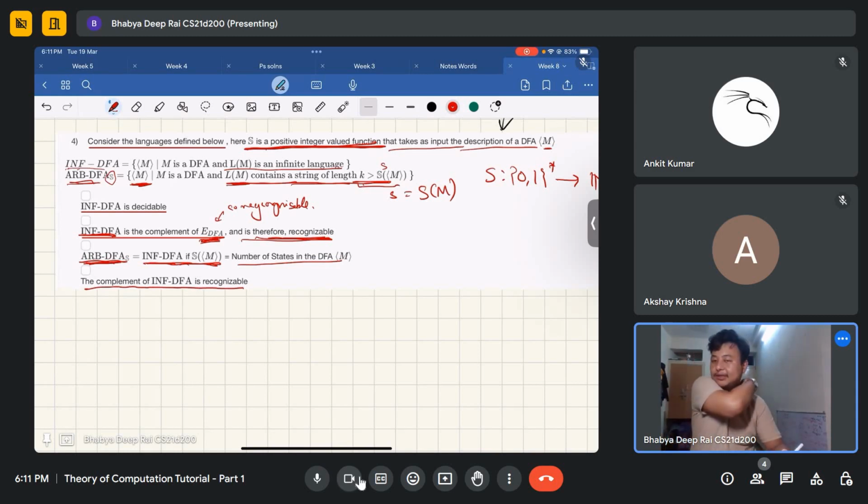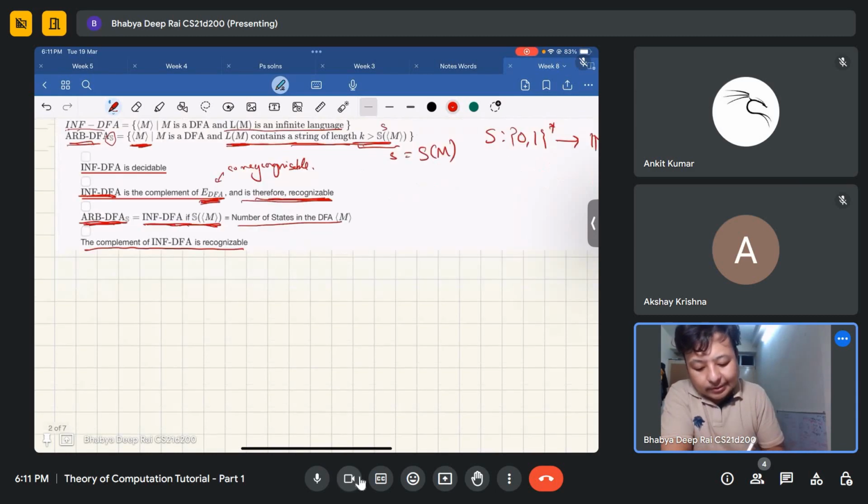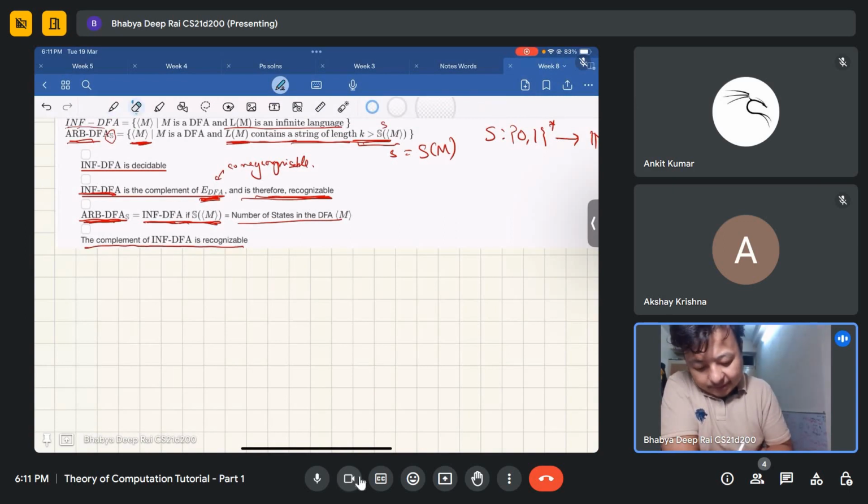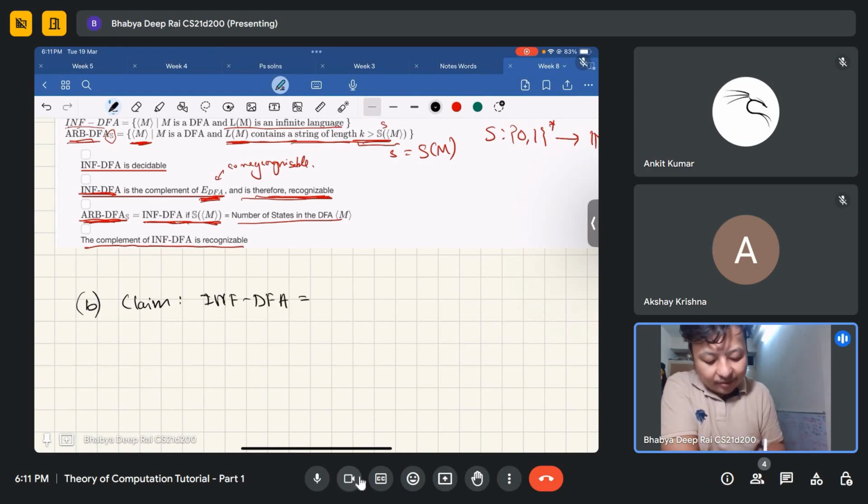Now let's see. Well, firstly, we'll look at B first. B is saying INF DFA is the complement of eDFA. Now, can that be true?